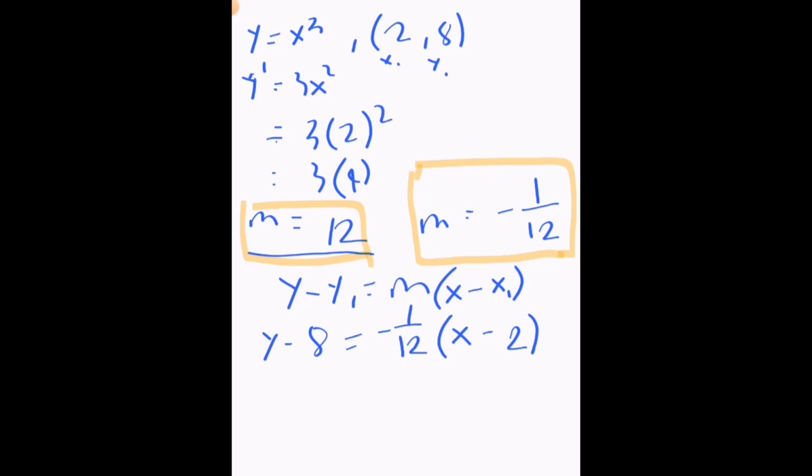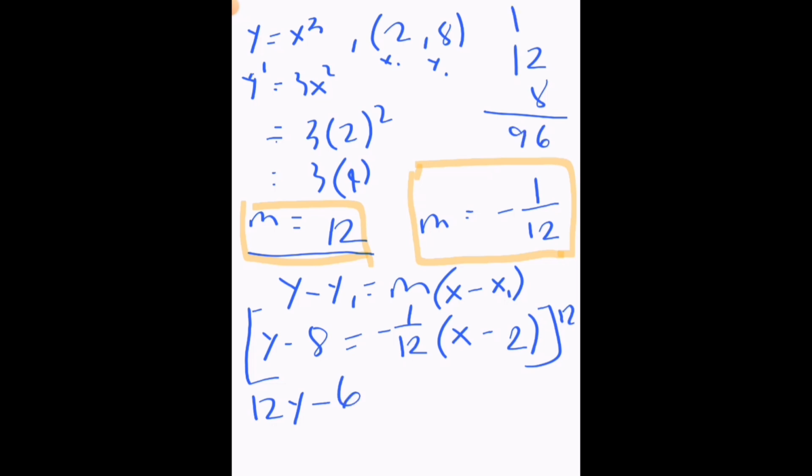Then multiply both sides of the equation by 12 in order to cancel the denominator 12. So we will have 12 times y, that would be 12y, minus 12 times 8, that would be 96.